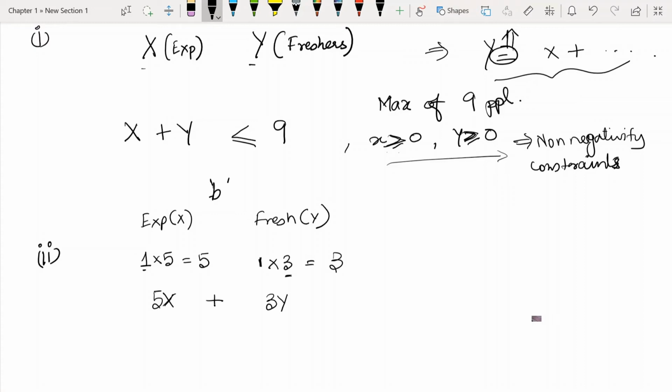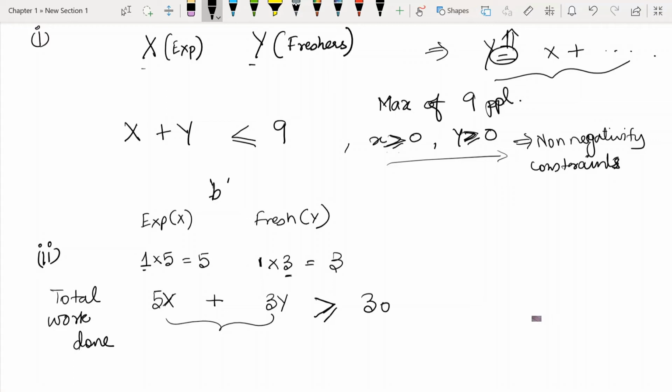So, 5x plus 3y is the total work done. And this total work done, what is the condition? It has to be at least 30, which means this value should be greater than or equal to 30.